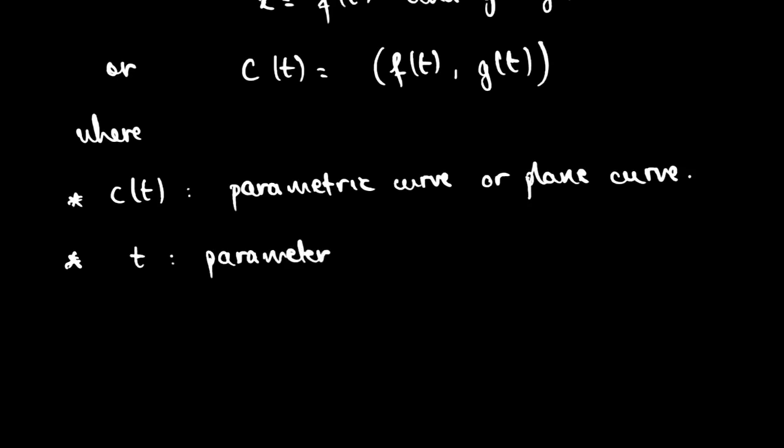With this parameter t, we can have restrictions on t, or not. It's not necessary to have the restriction, but when you write the parametric curve or parametric equations, it allows us to have some restrictions or domain for that matter. So t can be restricted between a and b. a can be negative infinity and b can be positive infinity, doesn't matter.